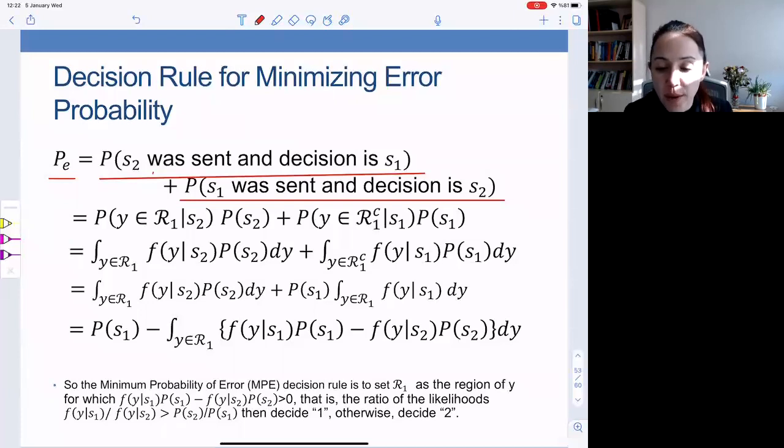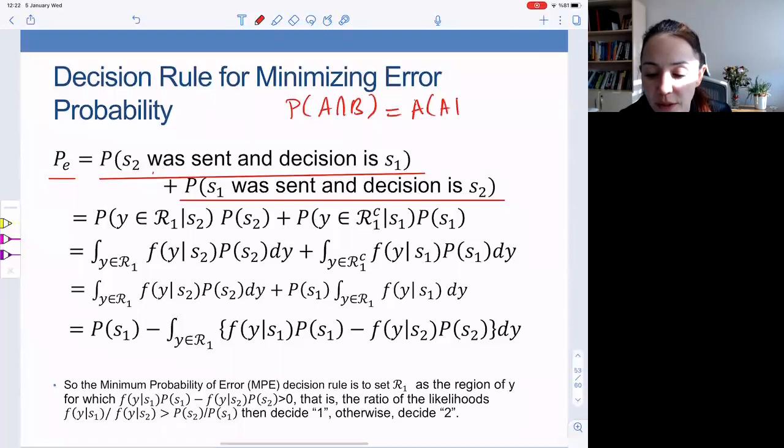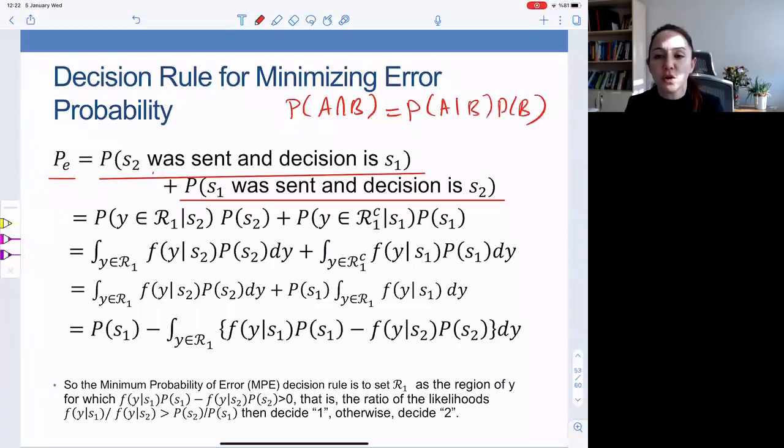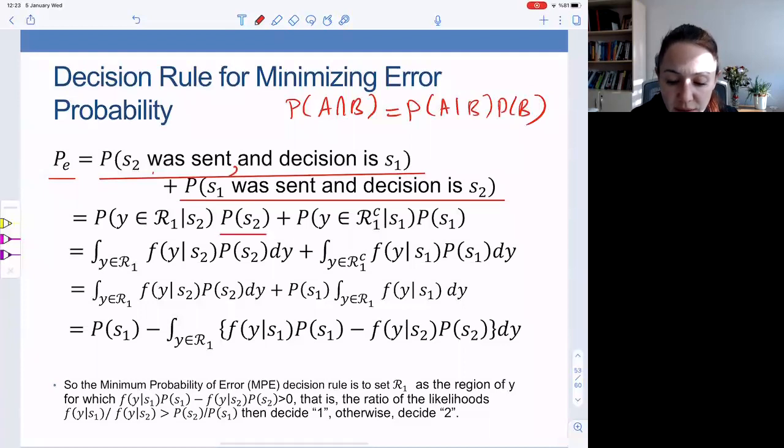Remember, the probability of A intersection B is equal to the probability of A given B times the probability of B. This is the definition of conditional probability. So the probability that S2 was sent and the decision is S1 is the probability that S2 is sent times the probability that S1 is decided given that S2 was sent.